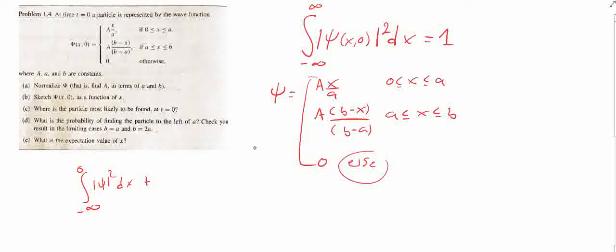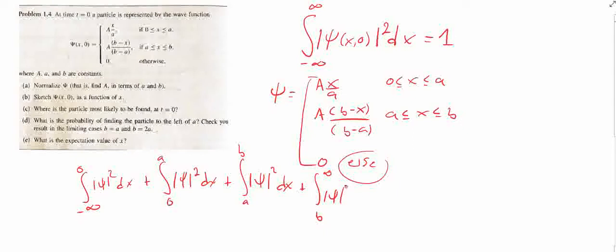We add to that the region where x goes from 0 to a, so plus the integral from 0 to a of psi squared dx, plus this middle region from a to b, so the integral from a to b of psi squared dx. And finally, this last region where everything is 0, so the integral from b to infinity of psi squared dx.